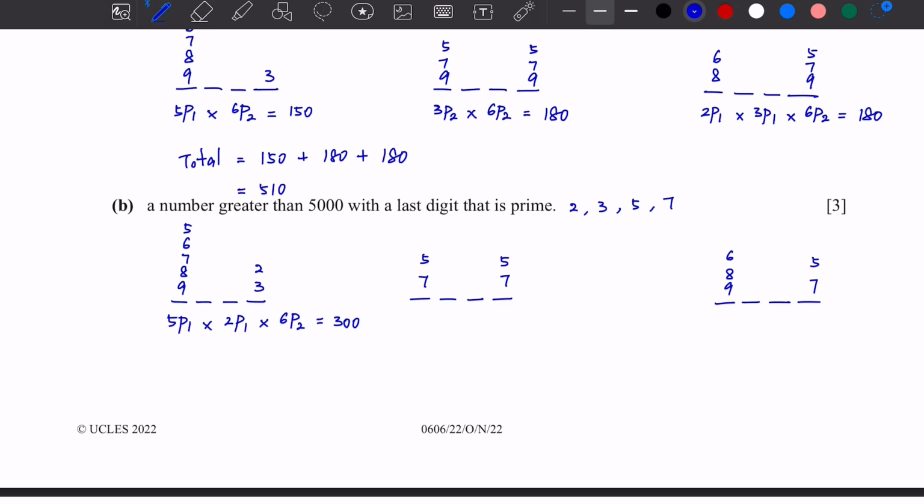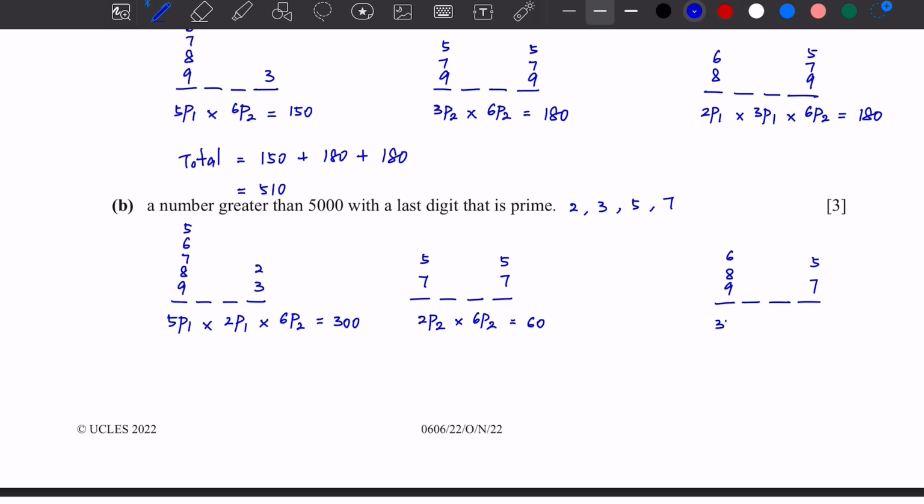Second situation, we have 2 numbers to choose from for 2 slots. So 2P2, or you can write as 2 factorial. It's the same thing. So let's use 2P2 here. And for the middle numbers, we have 6P2. And this would give us 60. Third situation, we choose from 3 numbers for the first slot.